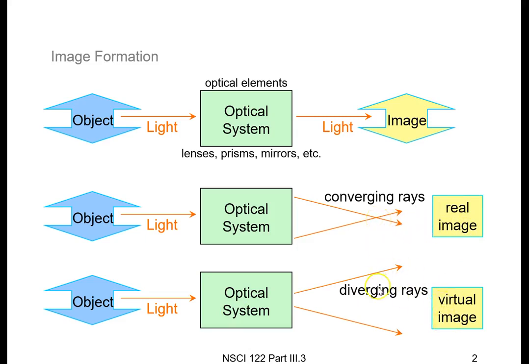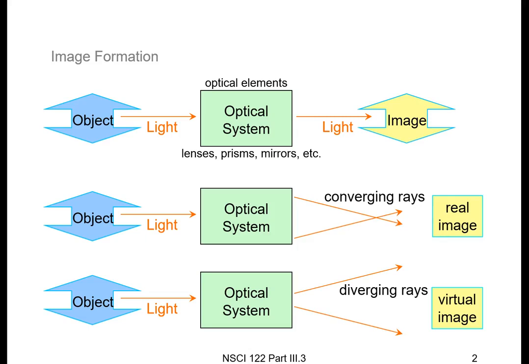A virtual image is formed with diverging rays, and to find the location of that virtual image, you have to trace these rays backwards. Now, this is just a general description. Don't worry if you're not following all of it exactly, because I know it does sound a little confusing. We'll see examples of real image formation and virtual image formation with different optical systems and optical elements, and reinforce these ideas.